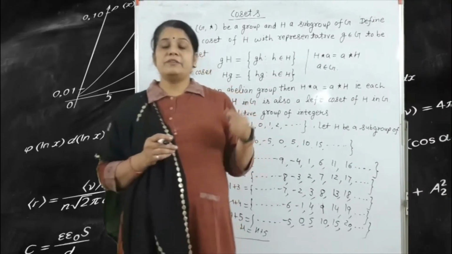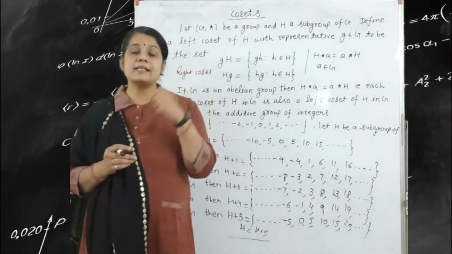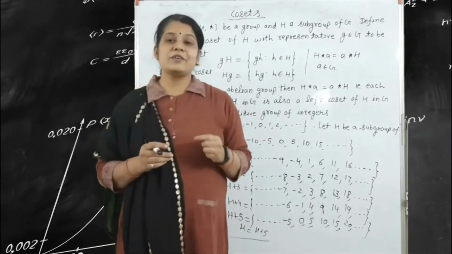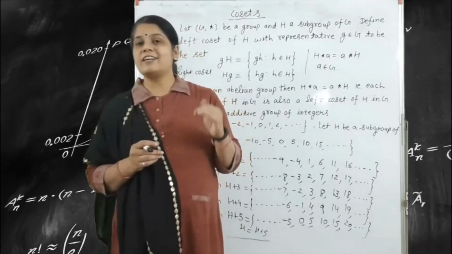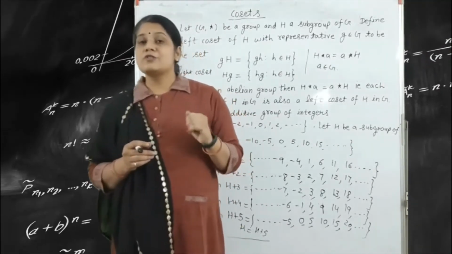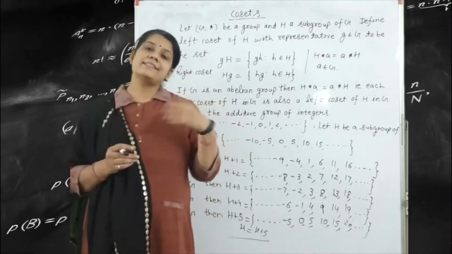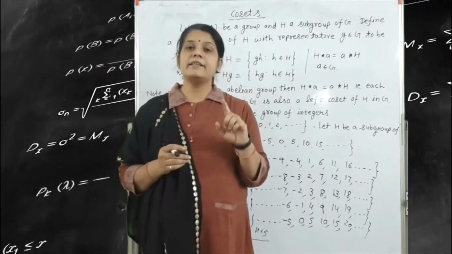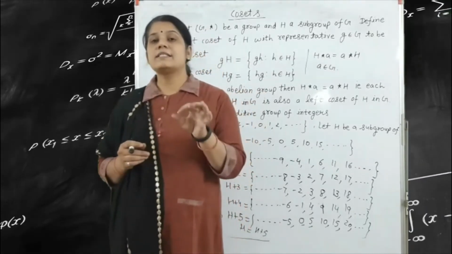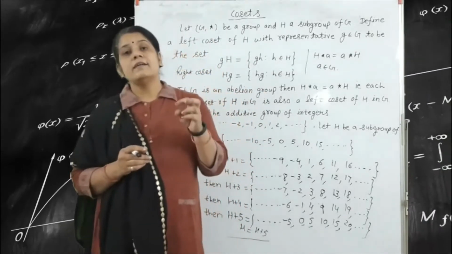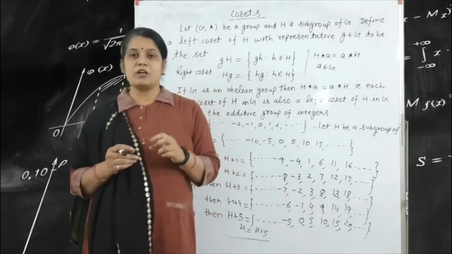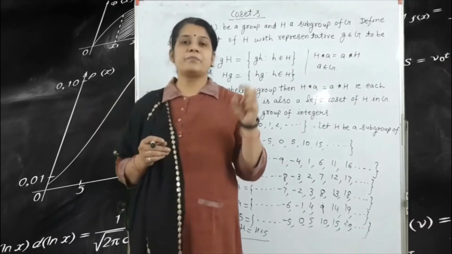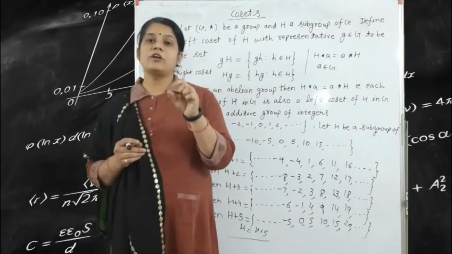So here we find Lagrange's theorem, which is based on the order of a group. G is a group and H is a subgroup of G. So order of G divided by order of H is equal to K, any number. That means order of G is always divisible by order of H.